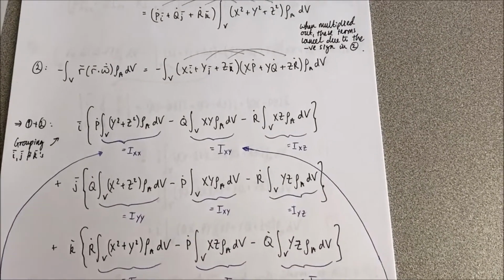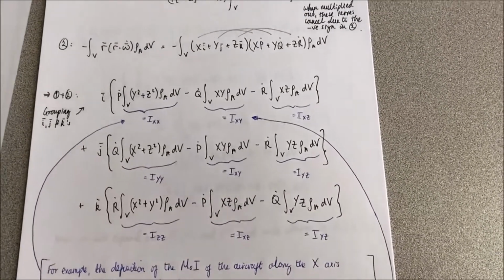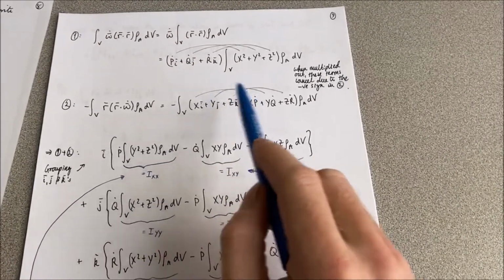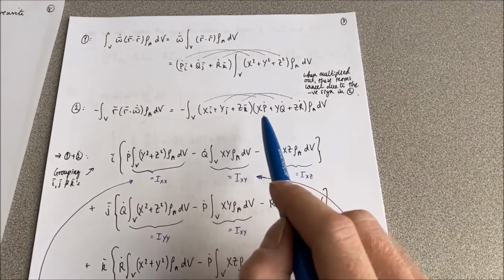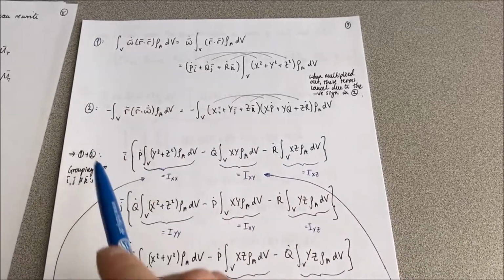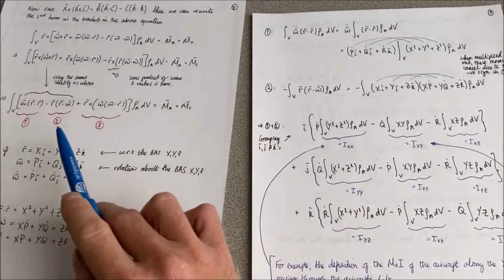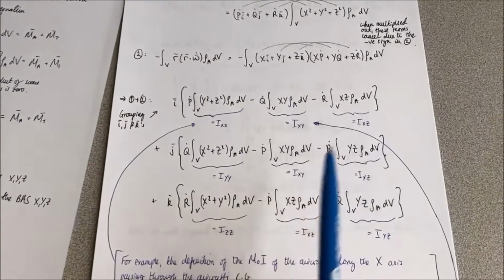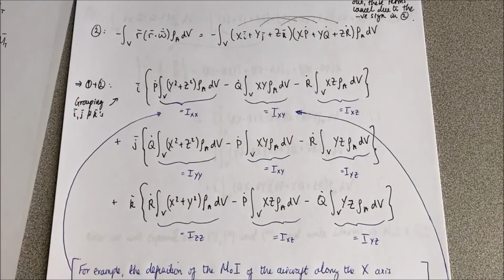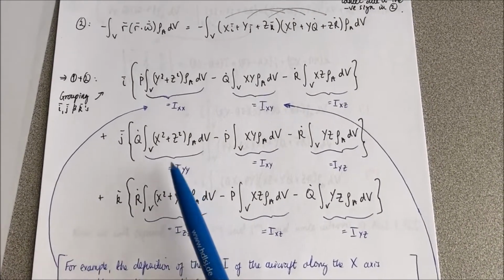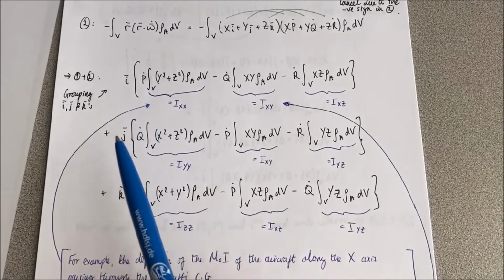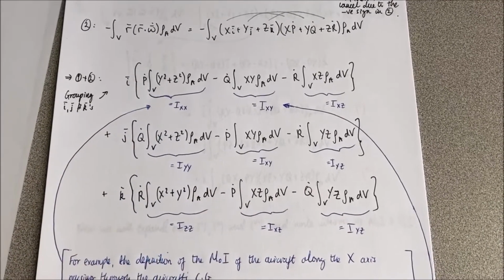So, bearing that in mind, and all of these terms which cancel, we sum these terms numbers 1 and 2 from this equation to get this horrible looking thing here, where I've grouped together I bars, J bars and K bars.